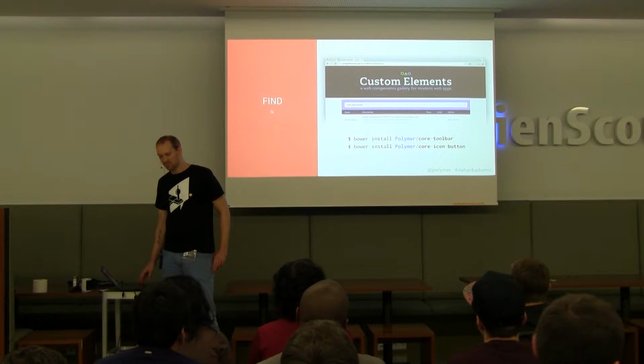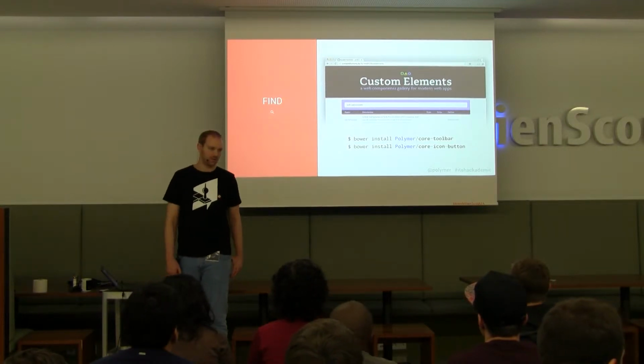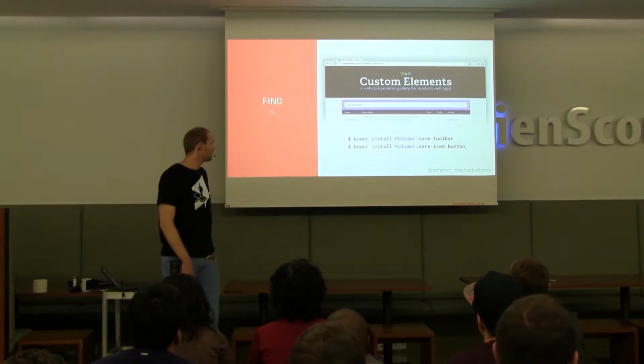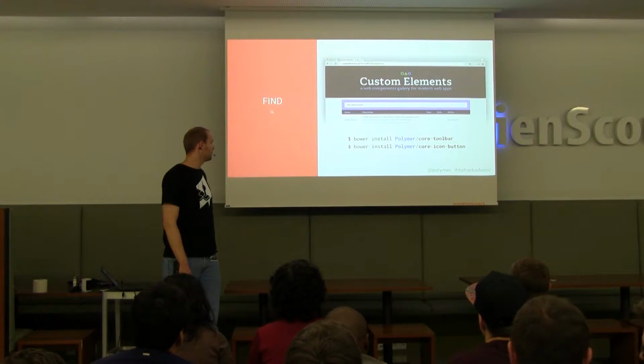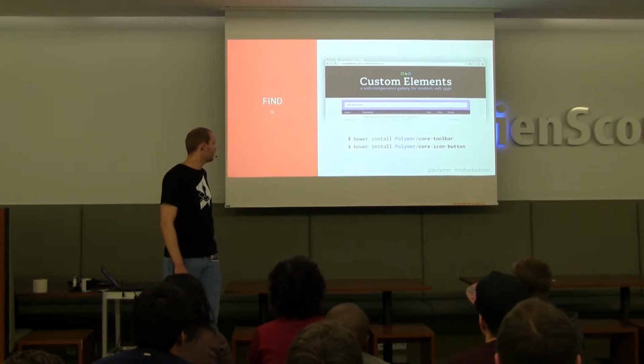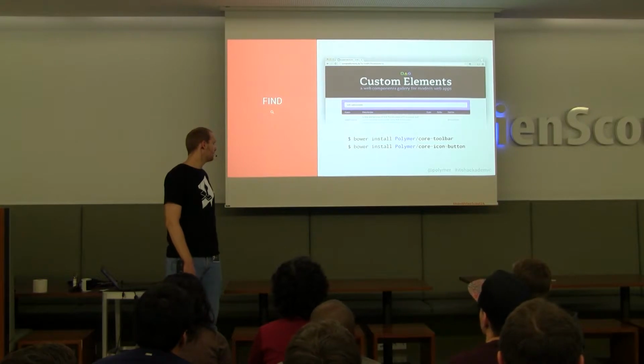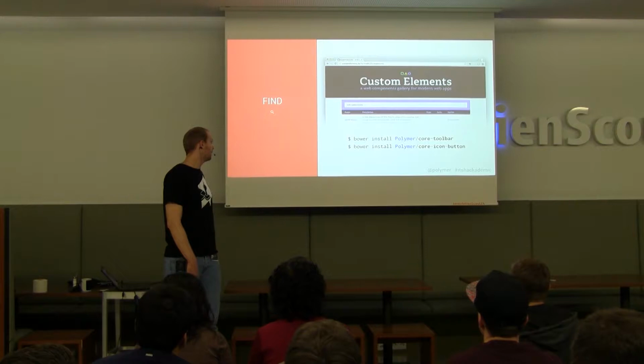You can find custom elements which were produced by someone else really easily on sites like customelements.io, and you can look at these, and if you like one, it's really easy to install it with Bower, for example.